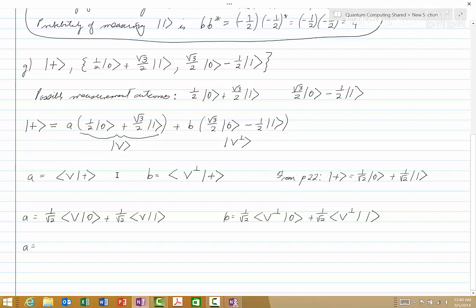So when we think of substituting V into this equation for A, when we substitute it in the first one, this second part is irrelevant because the inner product of 1 with 0 is 0, and so we'll simply pick up a 1/2. So we get 1 over square root of 2 times 1/2.